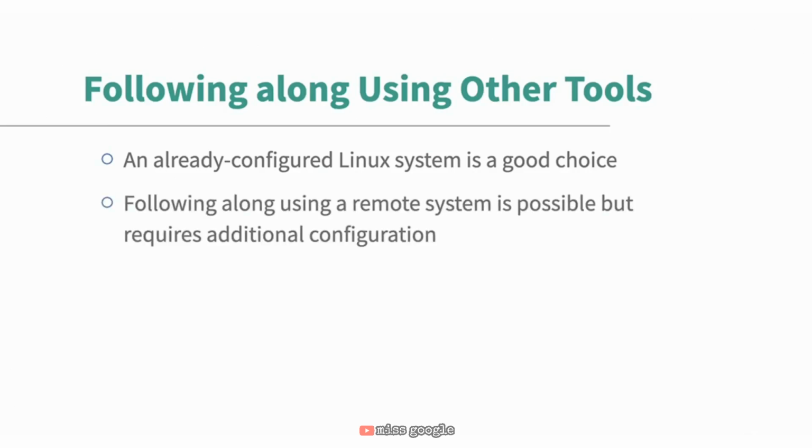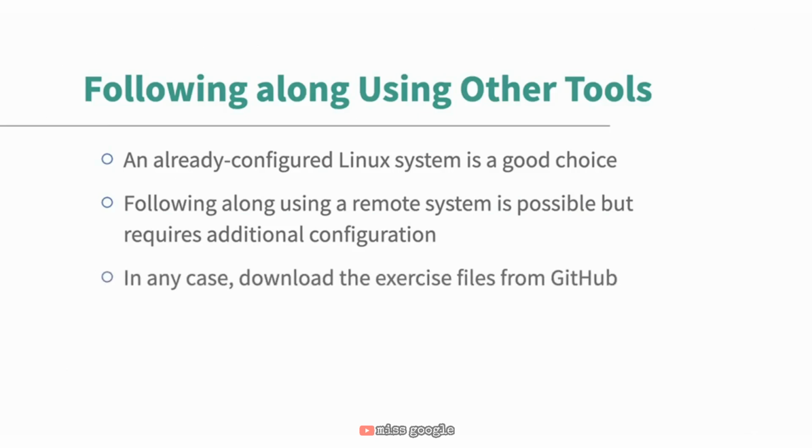It's also possible to follow along with most of this course using a remote Linux host through SSH, but setting that up is beyond the scope of this course. And you won't easily be able to follow along with the parts of the course where I'm using the graphical interface, so I can't recommend that method as a first choice. And in any of these cases, you'll still want to download the exercise files from GitHub, either through the command line or by visiting the repository site and downloading the files directly.